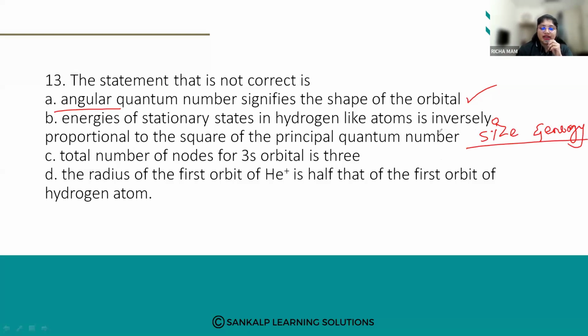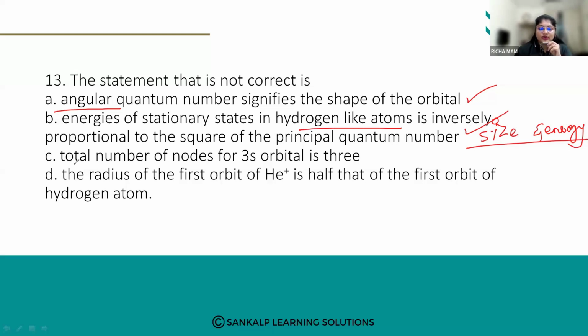For the hydrogen atom, energy is inversely proportional to the square of the principal quantum number. So option B is also a correct statement.